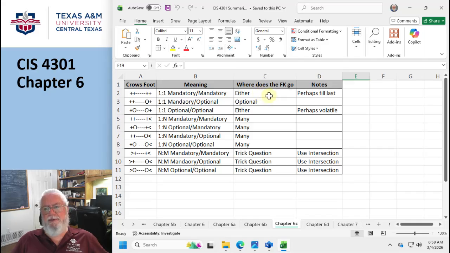Really doesn't matter, but there are some best practices about filling the one where you fill the last. An optional, then you have to put it on the optional side to enforce the mandatory, because there's no such thing as enforcing an optional. Optional, perhaps put it on the volatile side. Discussion here about optional and mandatory is not relevant for one-to-many because it's always going to be on the many side every single time. And whenever you have a many-to-many, it's always going to be a trick question, and I'm using the intersection table where there's a one-to-many.